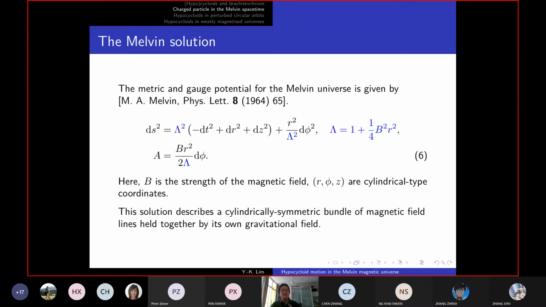What I'm trying to say is that the magnetic field itself is a source of gravity, and it will cause a gravitational attraction. This is why the spacetime metric is not flat. It is distorted by this lambda function, which is given by this function over here. As you can see, if B is non-zero, it will deform the spacetime. And the gravity, although it's hard to read off from the metric, is attracting particles towards the center of the universe. So that is the Melvin spacetime.